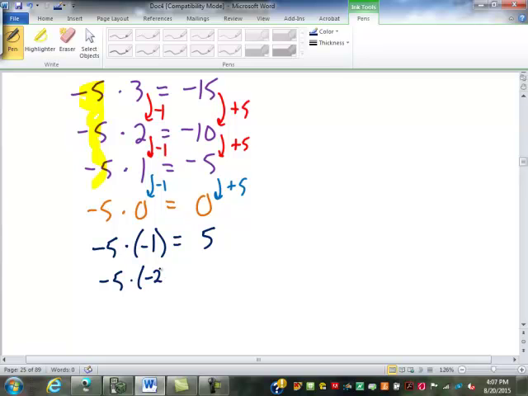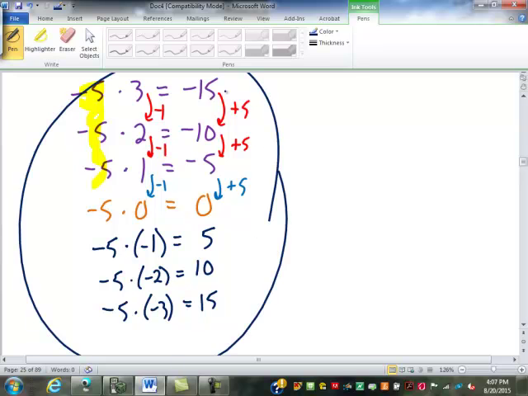Negative 5 times negative 2, well, this has to go up by 5, has to be positive 10. Negative 5 times negative 3, this has to go up by 5, has to be positive 15. When we define that a negative times a negative equals a positive, the only reason for that is because it fits the pattern.